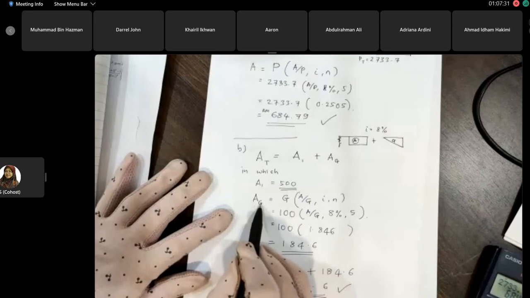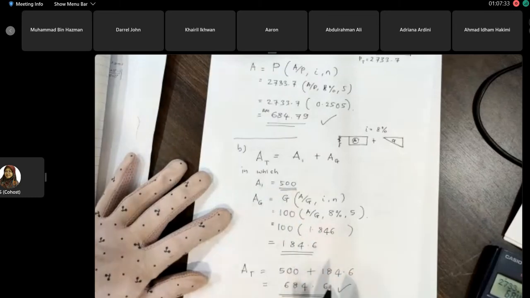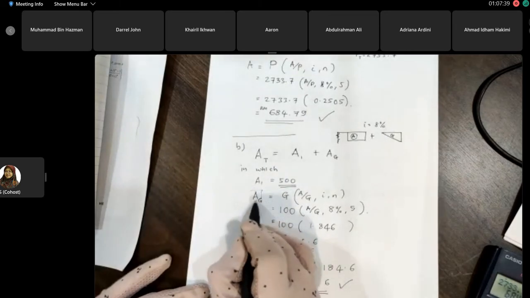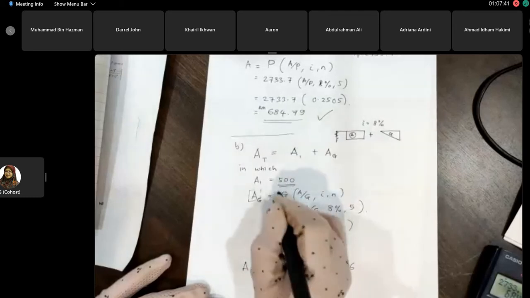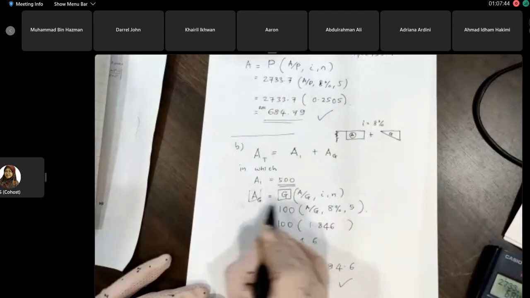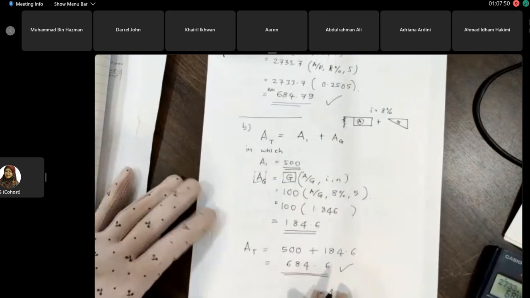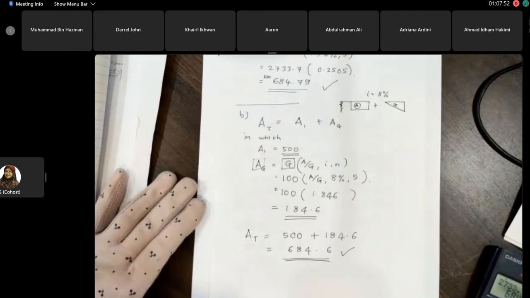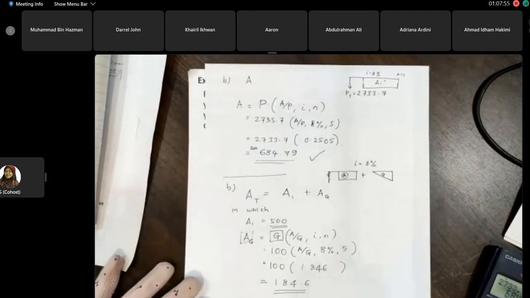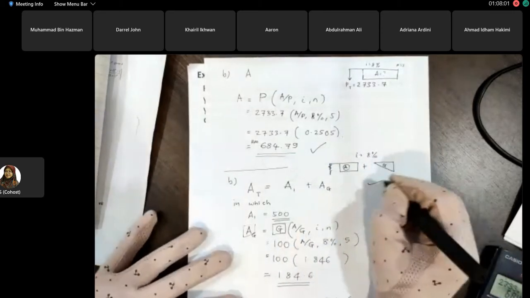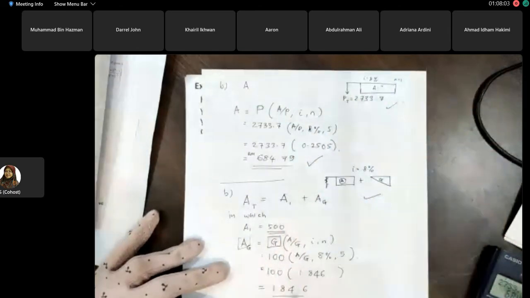Maybe you want to put it as A2, it's okay. That is just the name, but the important part is A and G. Any questions? No, okay. Understood? Just follow that.